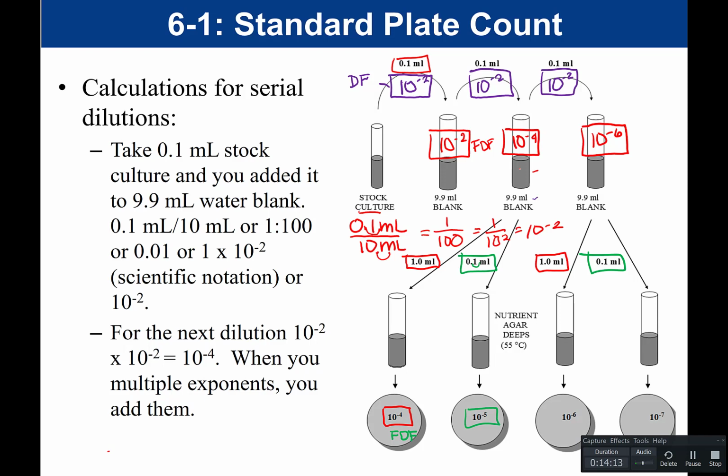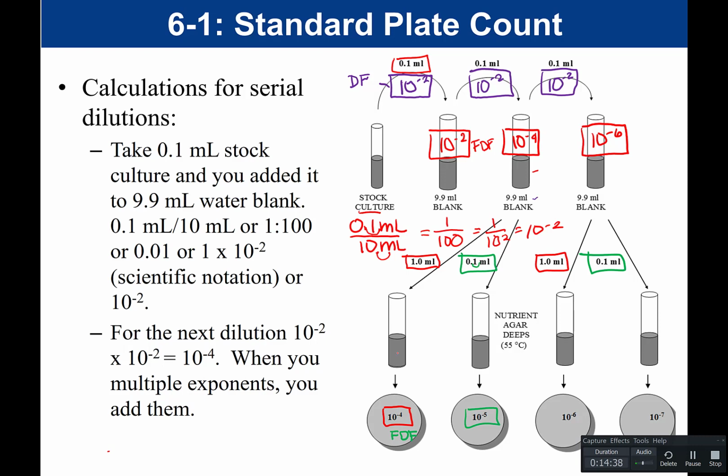So that's why if you take your 10 to the negative 4 and you transfer 1 milliliter, you're going to end up with 10 to the negative 4 as your final dilution factor. Even if the nutrient agar deep has 30 milliliters or 40 milliliters, that won't matter. The concentration is dependent on the number of bacteria in the stock culture.